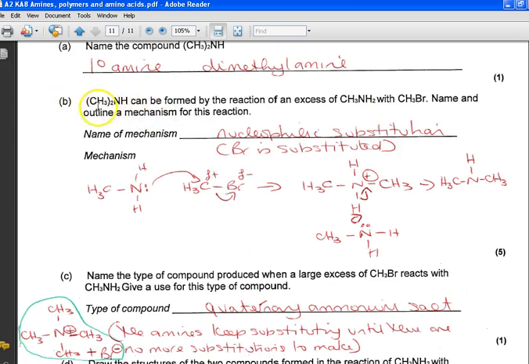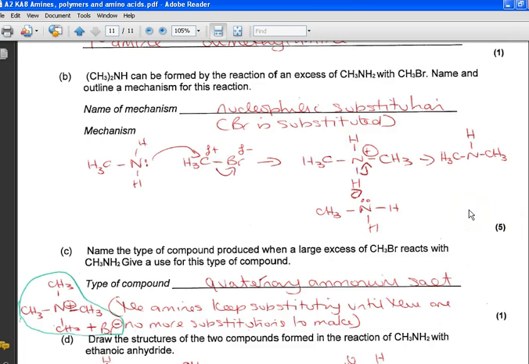Okay, so again we're given this secondary amine, saying that this can be formed by reacting this primary amine with this haloalkane. Name and outline the mechanism. So this is substitution. A number of you put addition, I think. We're substituting our bromine for this amine.